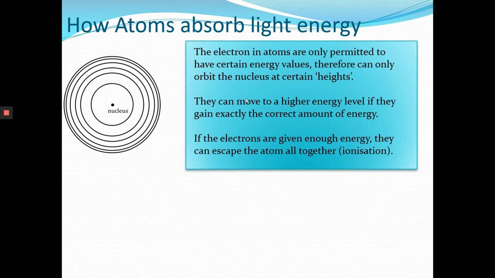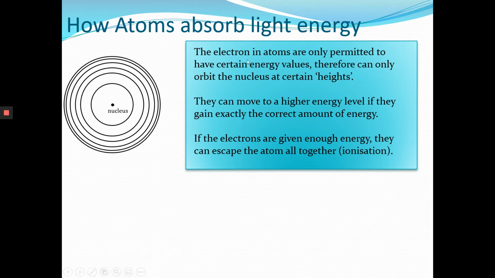Now, obviously, I'm saying 1 joule, 4 joules, 7 joules. That's quite a lot of energy. Electrons actually have very, very small energies associated with them, in the region of 10 to the negative 18 joules, but I'm using 1, 4, 7 just because it's easier.